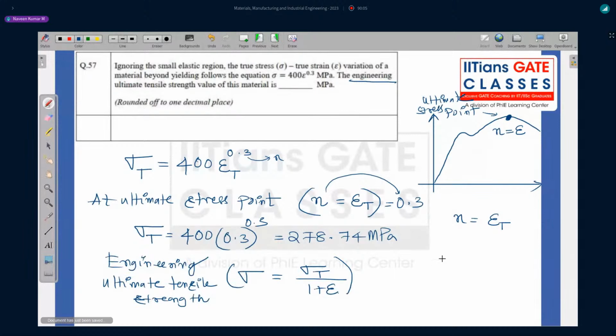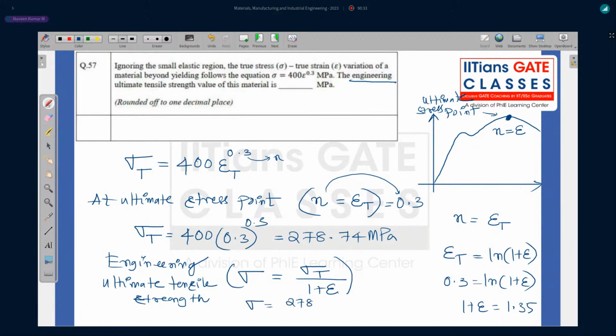You know that true strain is equal to ln of 1 plus engineering strain. So 0.3 is equal to ln of 1 plus this. So 1 plus engineering strain is e to the power of 0.3. E to the power of 0.3 is 1.35 something. Let us substitute here. Sigma t is 278.35, and hence the answer is 206.